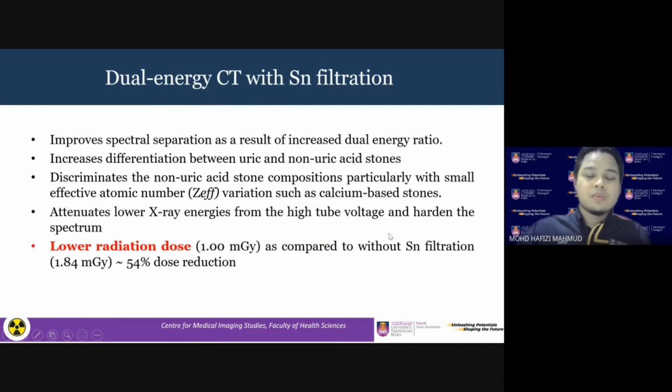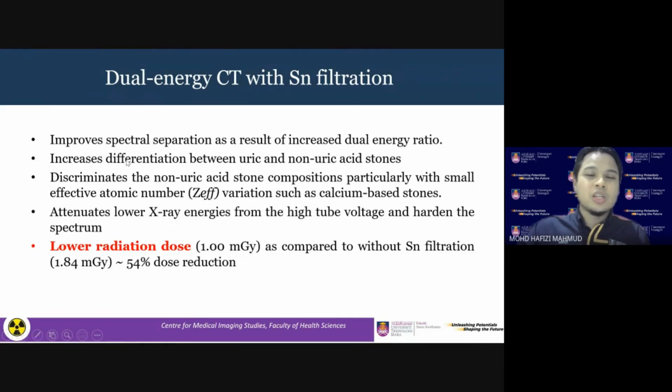So some of the important points I would like to highlight here. Using dual energy with thin filtration, we can improve the spectral separation as a result of increased dual energy ratio, with no overlap of attenuation between those materials.